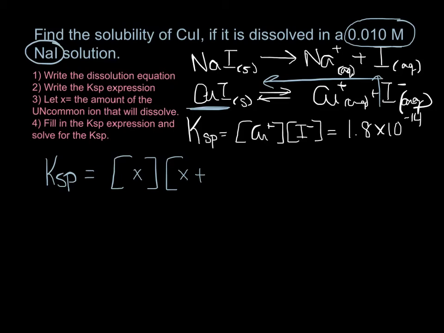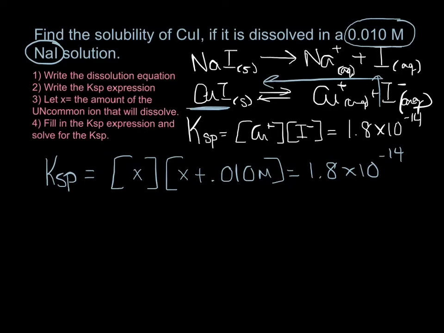So that's going to go into our KSP expression as well. And we're going to set that equal to 1.8 times 10 to the negative 14, which is our KSP value.